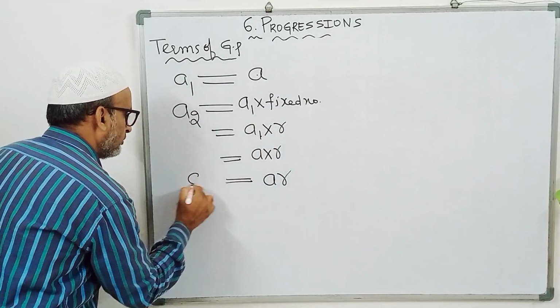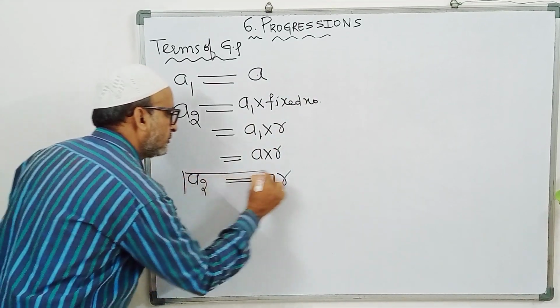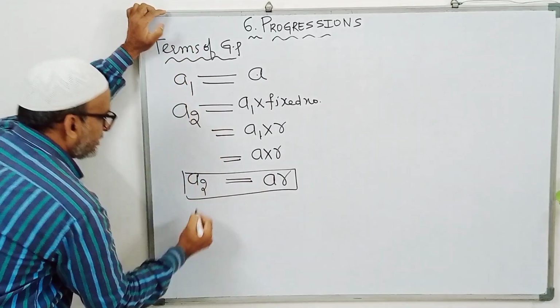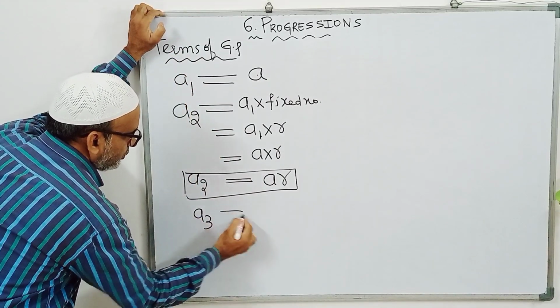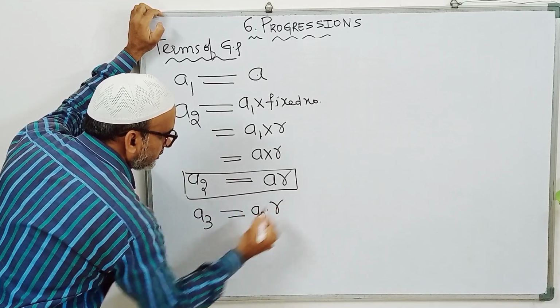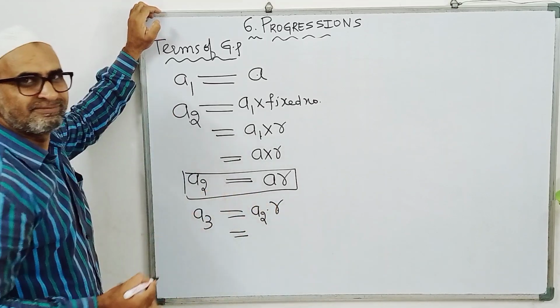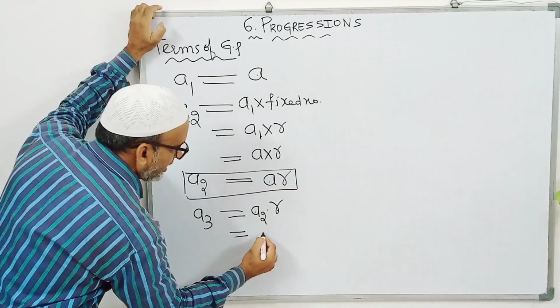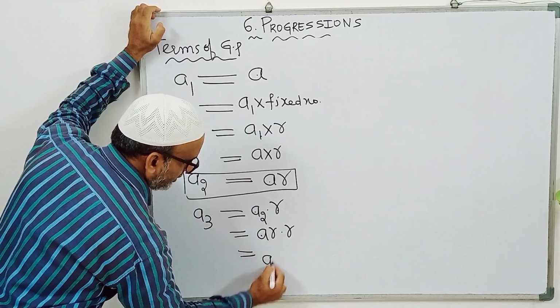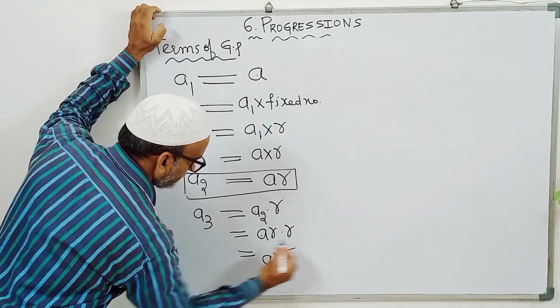This is a2. Now a3 is its previous number a2 into r. a2's answer is a r, into r, a r square is a3.